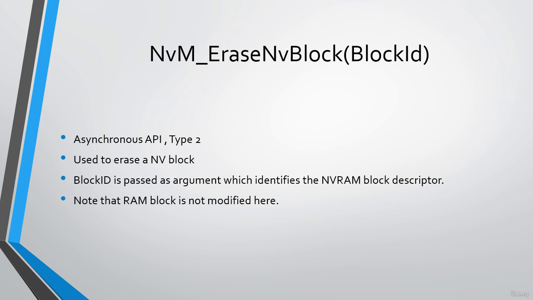Please note that in this case, we are not modifying the RAM block. We are directly performing the erase on the NV memory, but the RAM block is not modified. Finally, we can perform erase only if the block is not write protected. So if some block is already protected, we cannot go for the erase block operation on that block.